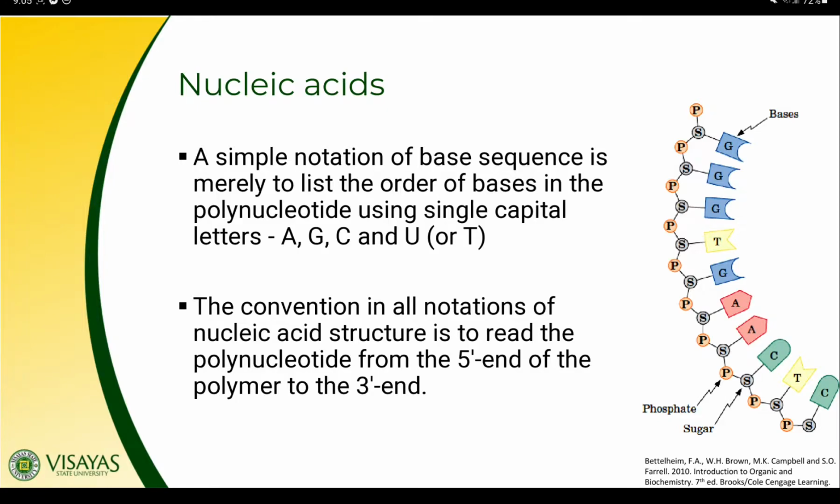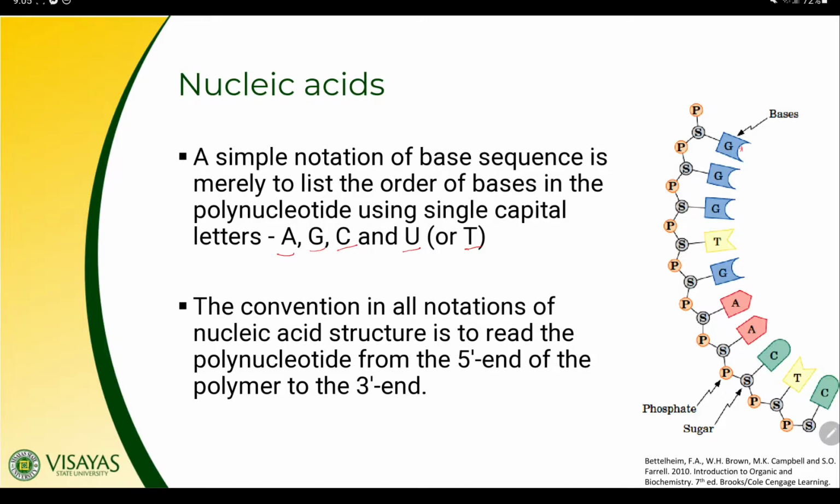Now, a simple notation of base sequence is merely to list the order of bases. So we use capital letters to denote the bases. A stands for adenine, G for guanine, C for cytosine, U for uracil, and T for thymine. So we only list the order, no, using capital letters for these bases.